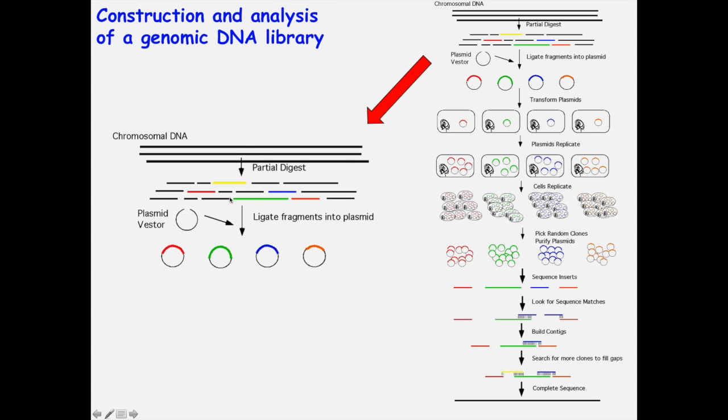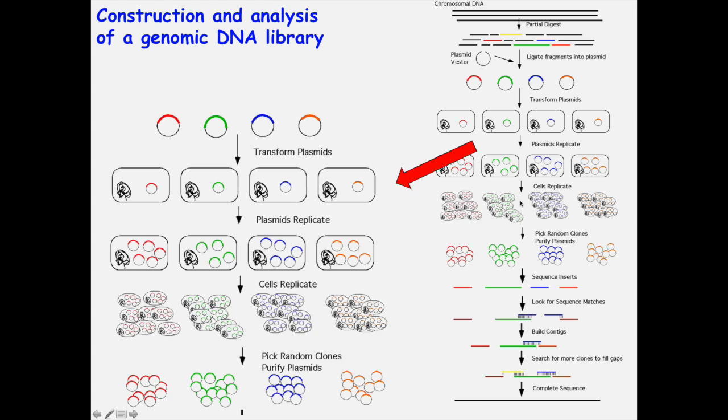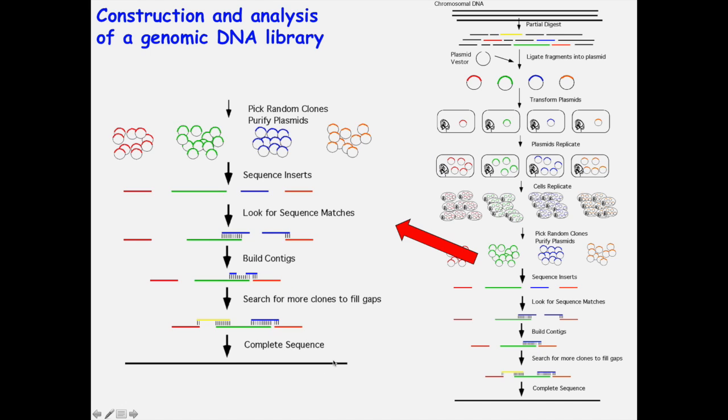Those fragments are then being ligated into plasmids that have been cut with the same enzymes, so the sticky ends match. This is then transformed into bacteria. They replicate, and we're able to generate a library of bacteria that have different sequences or different genes in them. We pick random clones and purify them to be able to identify or send them out for sequencing.